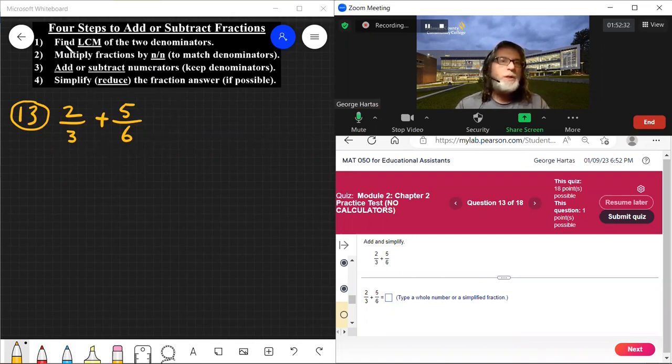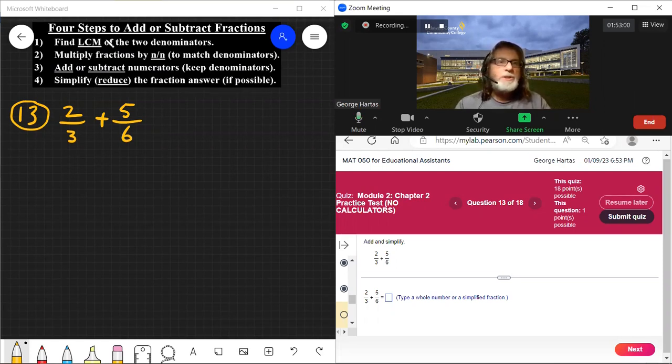So step number 1 is to find the LCM of the two denominators, which is really the LCD. Step 2, multiply fractions by some number. We'll do this in a minute to match denominators. Step 3, add or subtract, depending on the problem, numerators only, but keep denominators. And then step 4, reduce your final answer if you can.